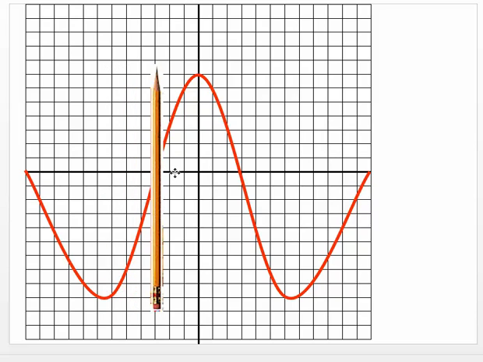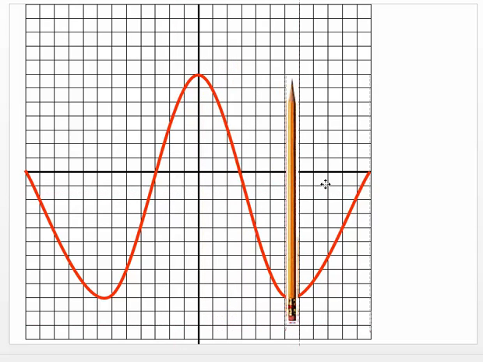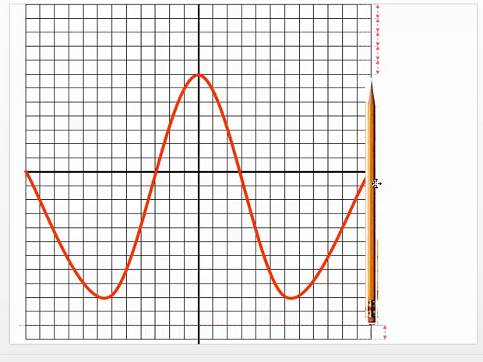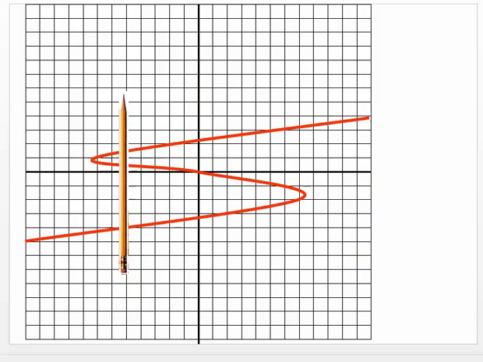We move on and we continue through the entire graph of the relationship. This didn't change. So for every x, there was only one y. This simply means that here we have a function.